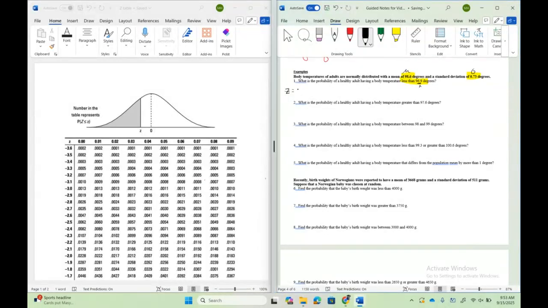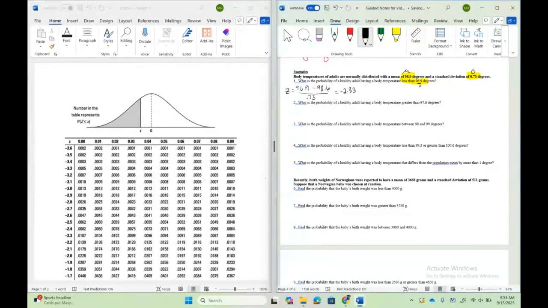The formula for z is x minus the mean, divided by the standard deviation. When I do this, I'll get a z-score of negative 2.33.